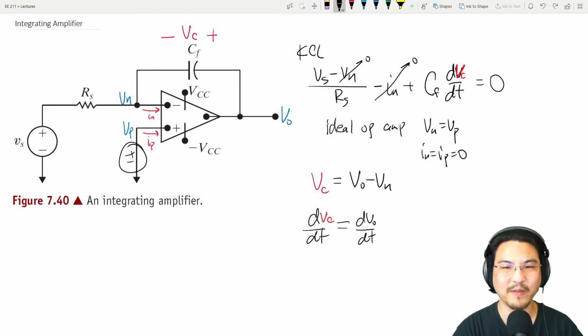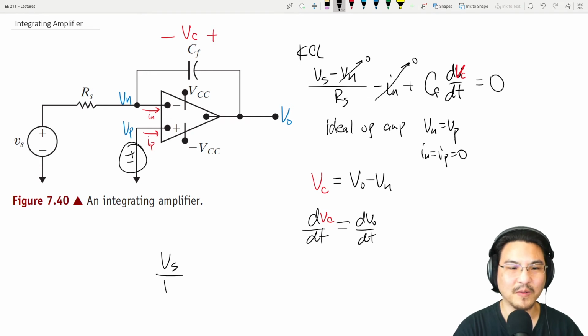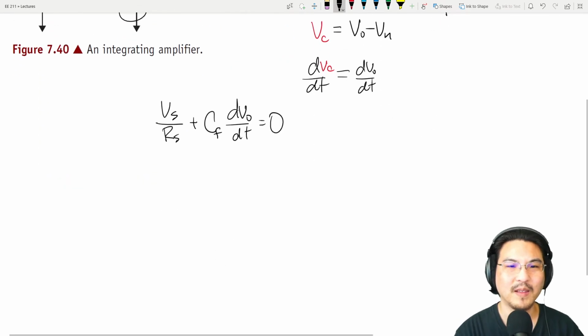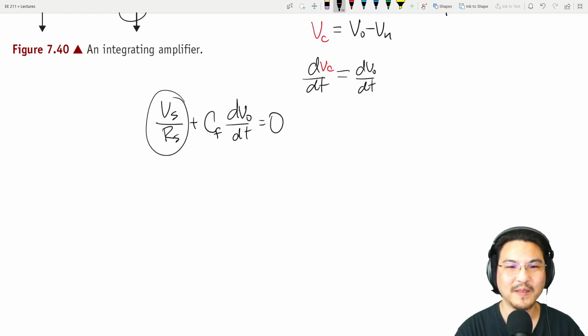So let me just rewrite everything. Vs minus 0 over Rs plus feedback capacitor dV output. Okay, now let's solve for the output voltage. Let me move this on this side.